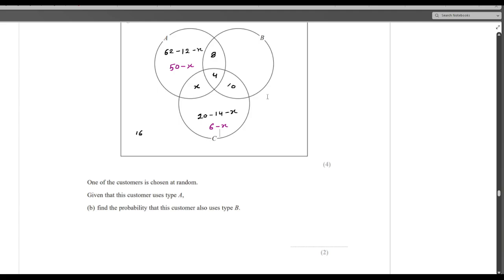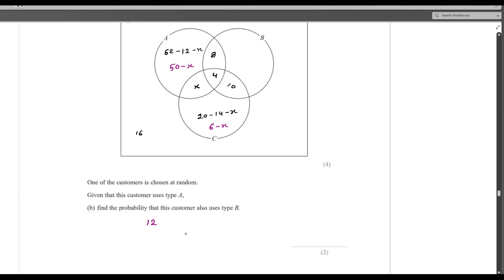One of the customers is chosen at random. Given that this customer uses type A, find the probability that this customer also uses type B. So there are total 62 who use type A. Out of these 62, there are 8 plus 4, 12 customers who use type B also.